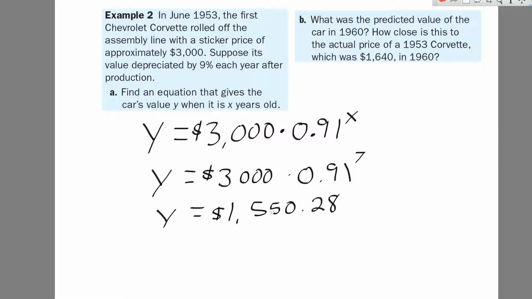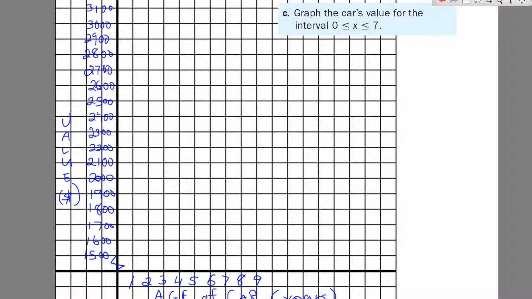So the delta in value was $89.72, which means the depreciation calculation was actually pretty good for predicting the decline in the value of the car. And remember that this kind of a graph is going to have this sort of a hockey stick curve. Well, let's go ahead and we'll graph it and see what we get.